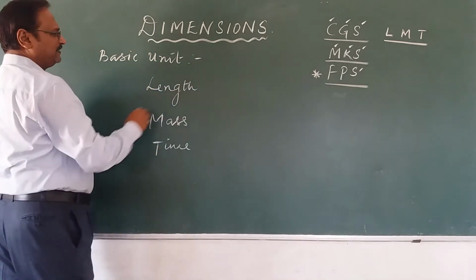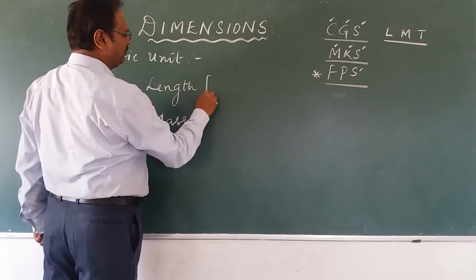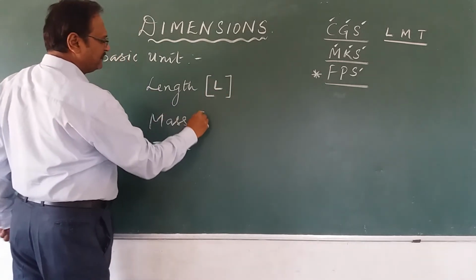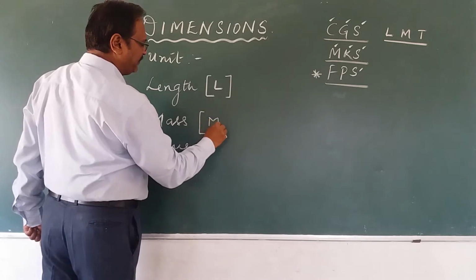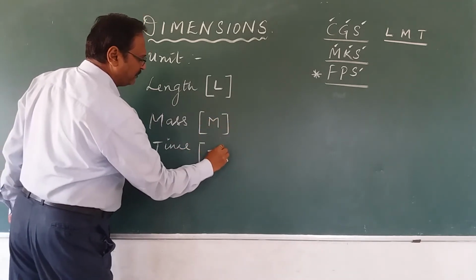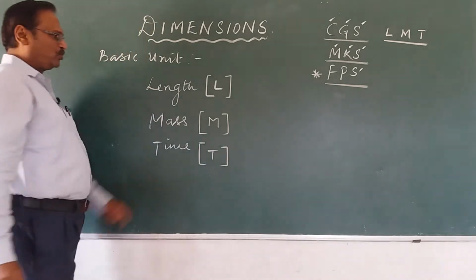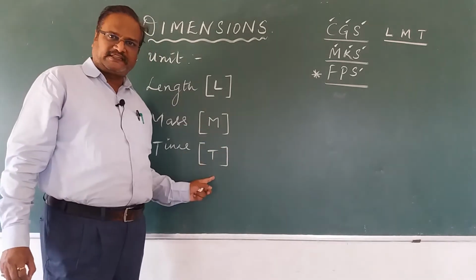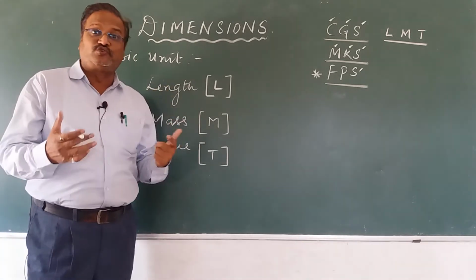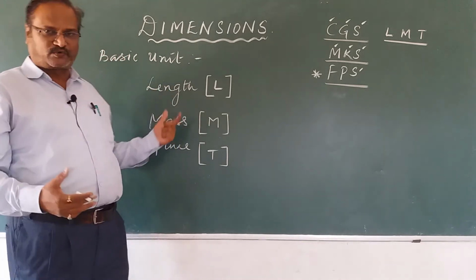Now length we represent in the dimension method with a capital L, mass with a square bracket capital M, and time with a capital T. So L, M and T are the 3 basic quantities we are going to use.